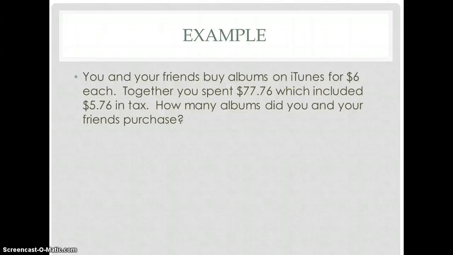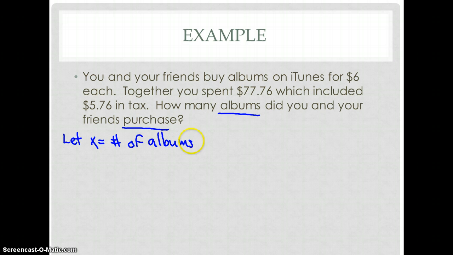Very similar to the last one. We're asked to find the number of albums that you and your friends purchased. So that lets us let x equal the number of albums purchased.